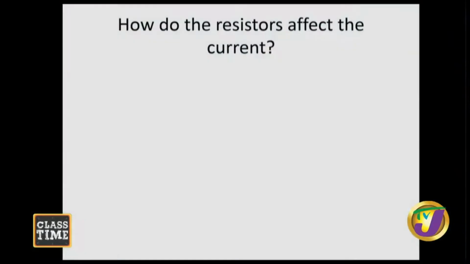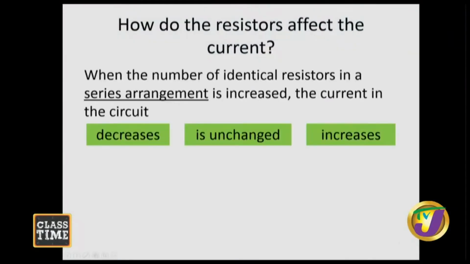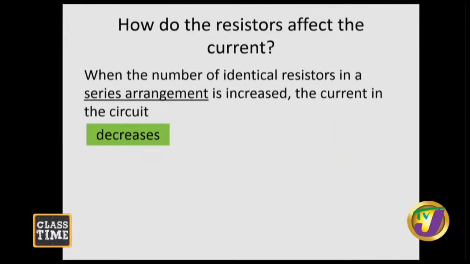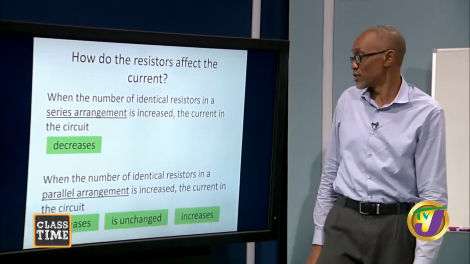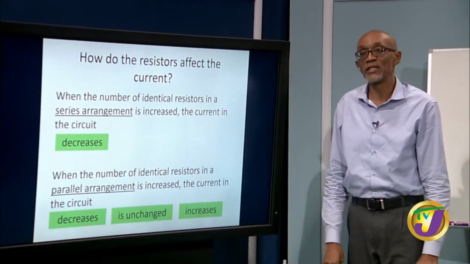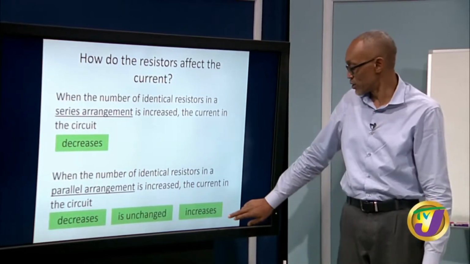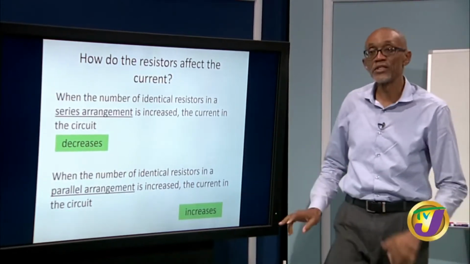How do the resistors affect the current? When the number of identical resistors in a series arrangement is increased, the current decreases. Then, when the number of identical resistors in a parallel arrangement is increased, the current in the circuit increases.